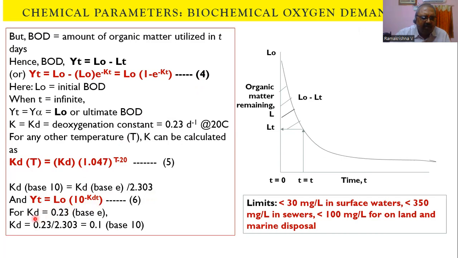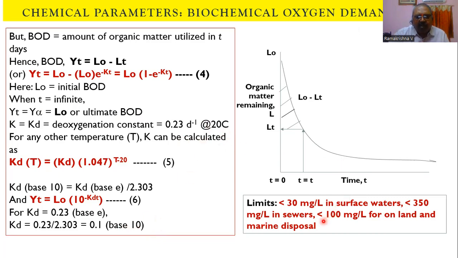For example, when KD is equal to 0.23 at 20 centigrade at base E, the value at base 10 is 0.23 divided by 2.303, which is equal to 0.1 under base 10. Whenever we mention the standard KD value, we should clearly mention the basis, base 10 or base E, and at what temperature.